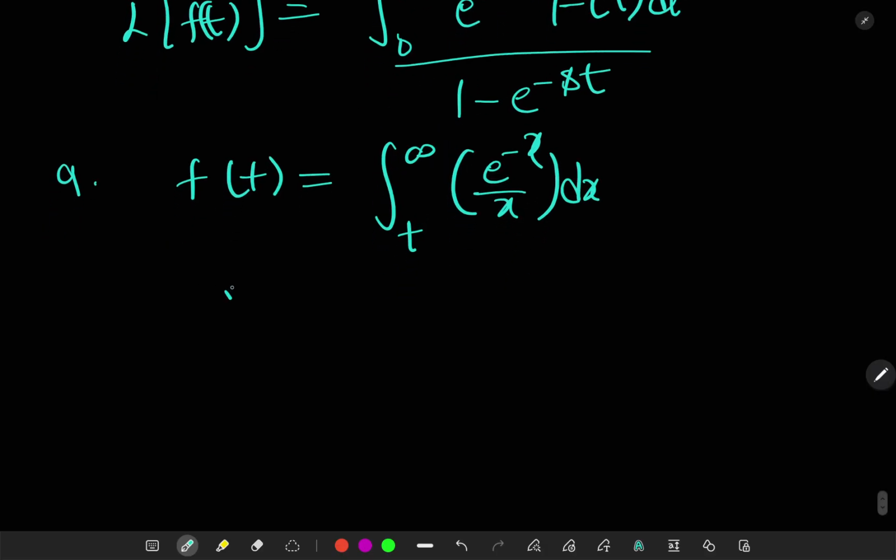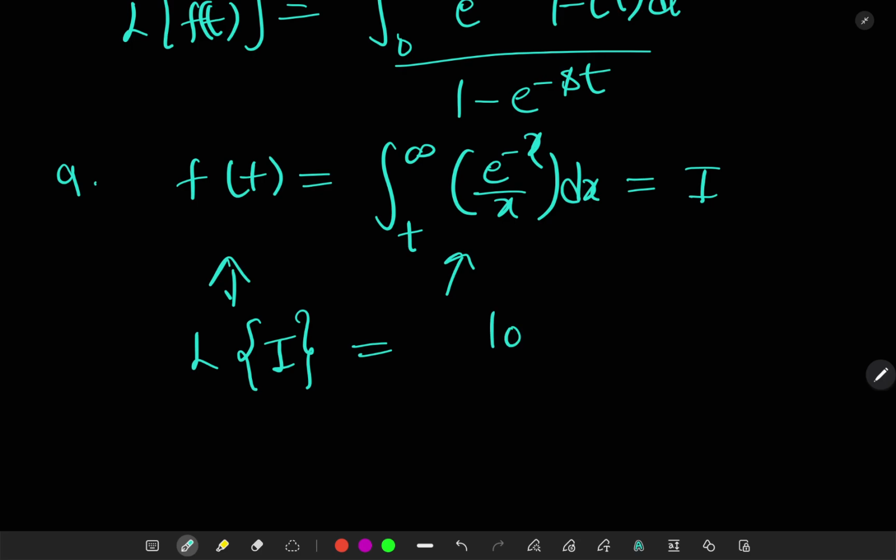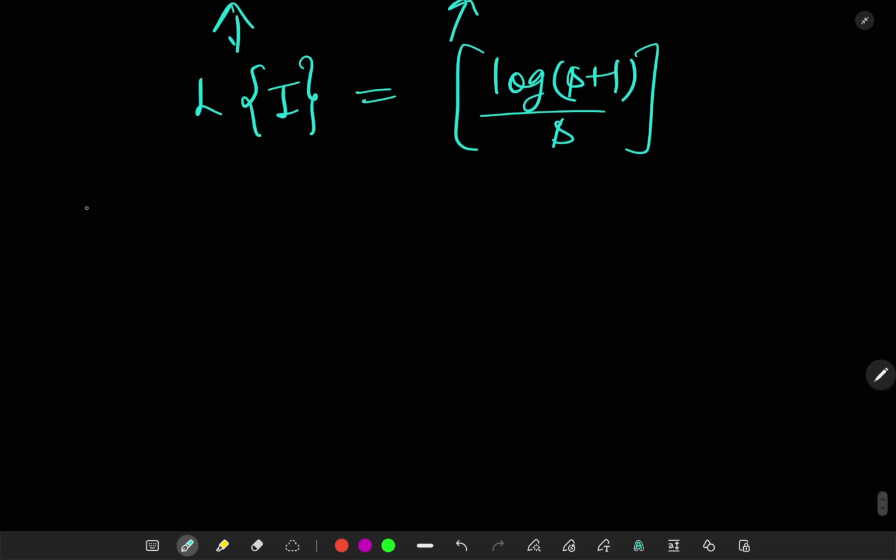And if this is given, then the Laplace transform of this integral, let's say this is I, equals log(s plus 1) divided by s. Now the tenth property is the second shifting theorem.